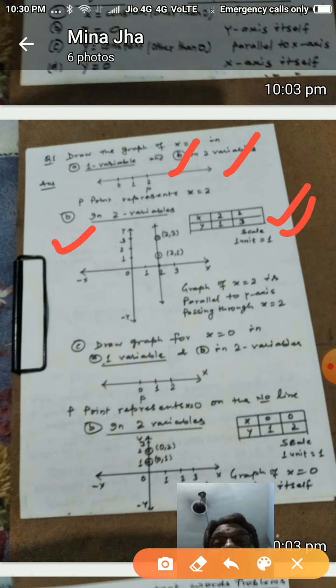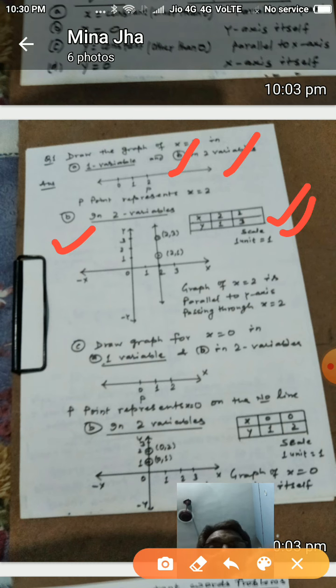In this table one feature is there, that whenever you draw a graph for such an equation, in the column of x, as it is given, you write 2. So in the table x is always 2, remains constant, while y varies, and you may take any value of y. Such a table will come if you do accordingly as we have done in previous questions.